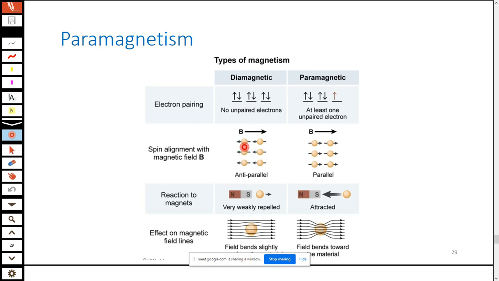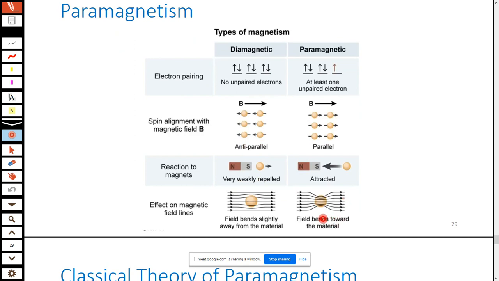Diamagnets have a negative susceptibility, and paramagnets have a positive susceptibility, and they will normally be attracted to a magnet. Weakly attracted, not strongly, but they will be attracted towards a magnet. And the field lines somehow bend towards the material, so they will try to concentrate the field lines passing through them.